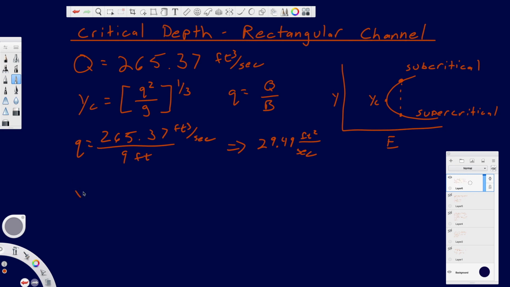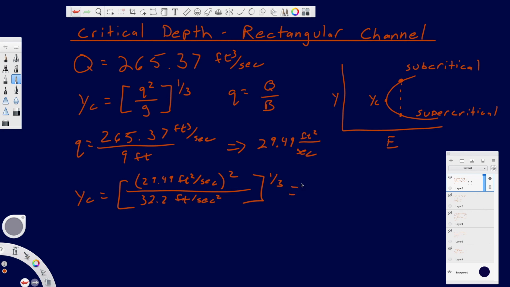And then from that we can solve for our critical depth. So we have 29.49 feet squared per second, squared, divided by our gravity, 32.2 feet per second squared, to the 1/3. And if you solve this, you have your critical depth of 3 feet.